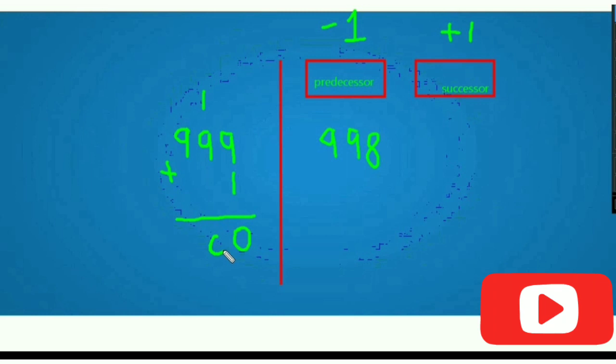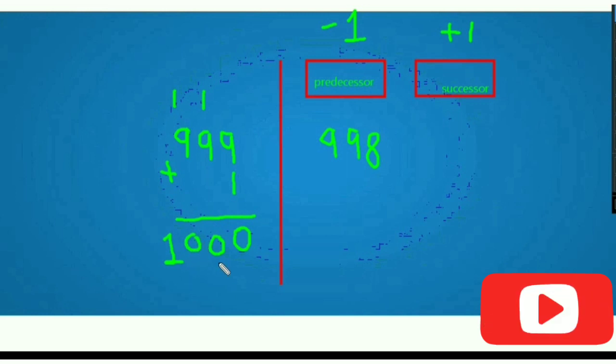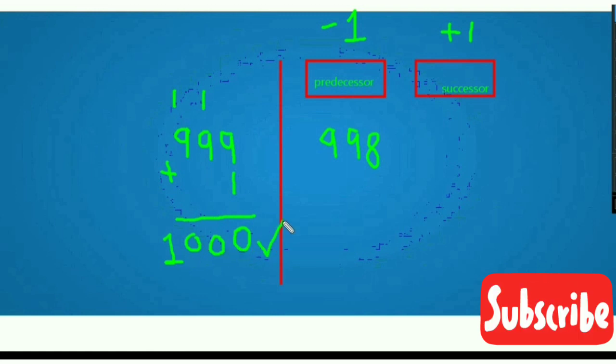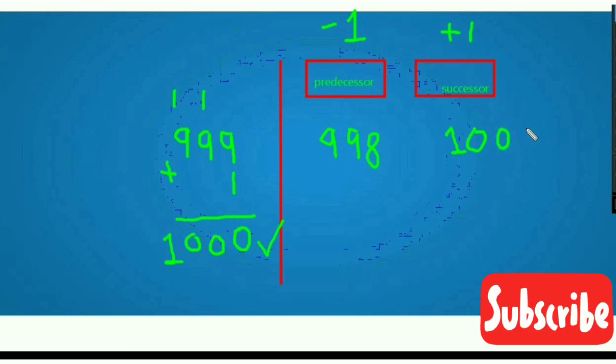So we will write 0 instead of 10. Again 1 is coming as a carry. 9 plus 1 equal to 10. Now we will write here 10. Okay. Now what is the successor of 999? The successor of 999 is 1000. Okay. We will write here now. The successor is 1000. I hope now it's clear to you.